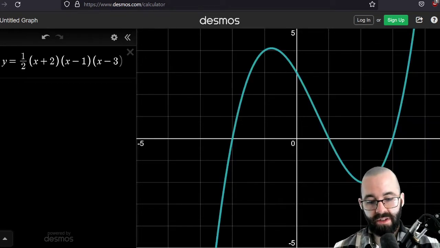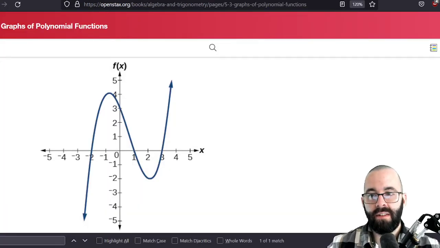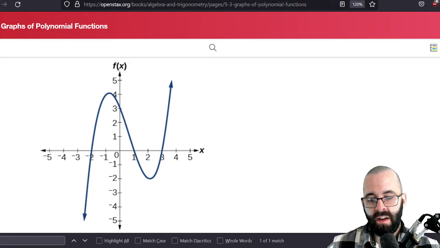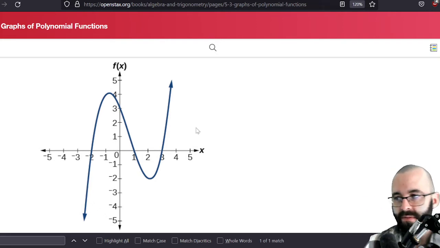Hopefully this looks similar. Look at the intercepts. The intercepts are the same. Multiplicities are the same, x and y intercepts both. End behavior is the same. Looks like we did good.